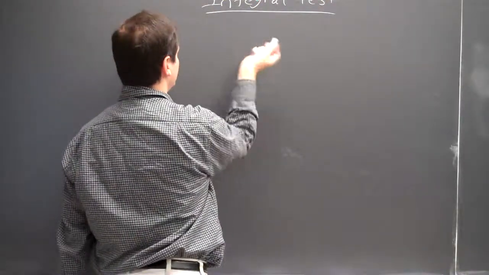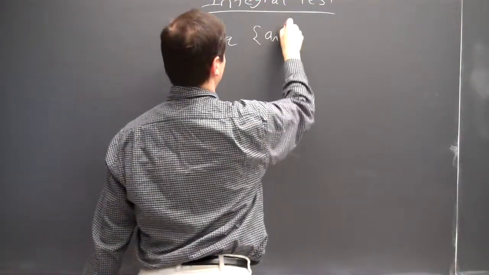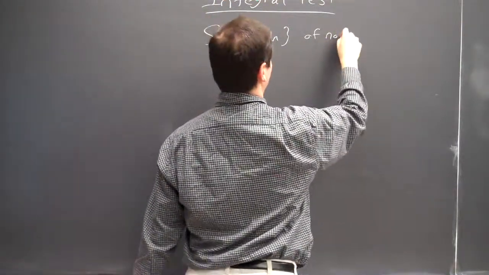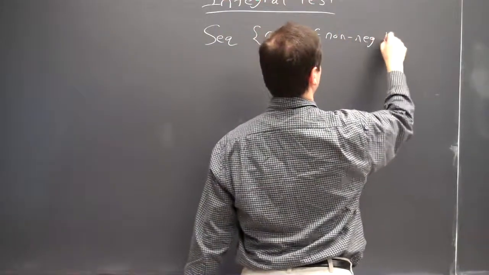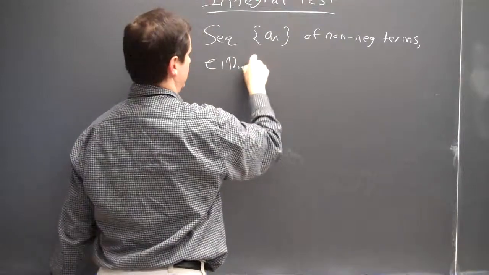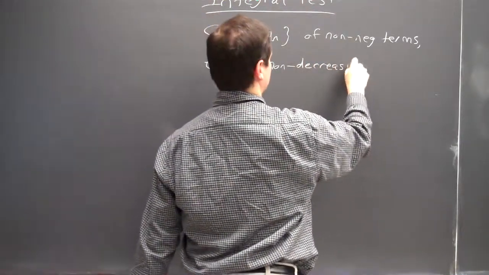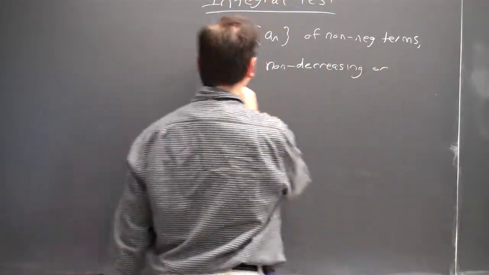So the general framework is the following. You have a sequence a_n of, say, non-negative terms, either non-decreasing or non-increasing.